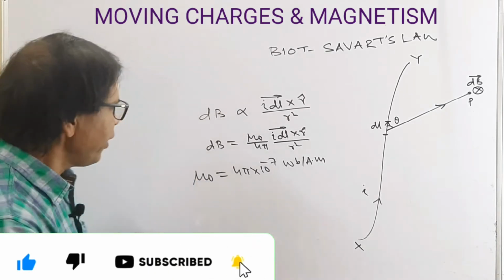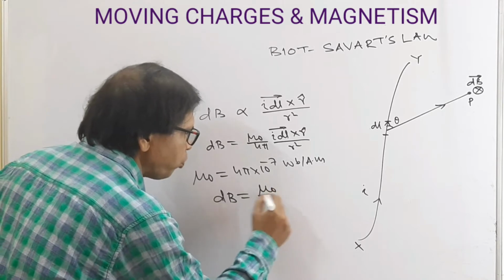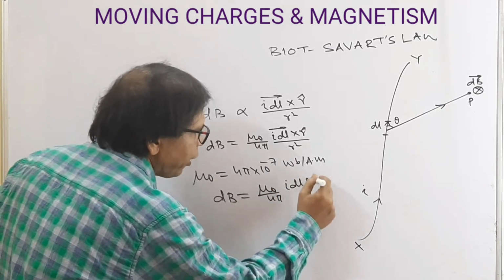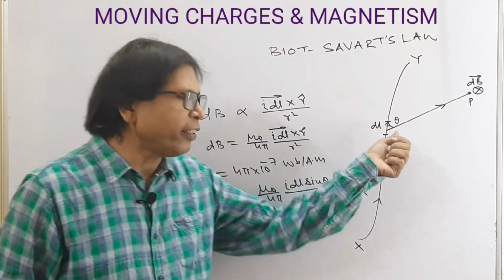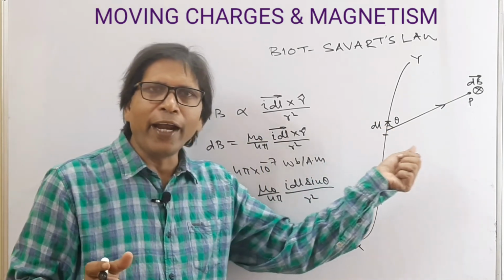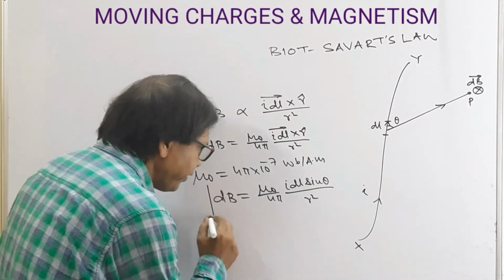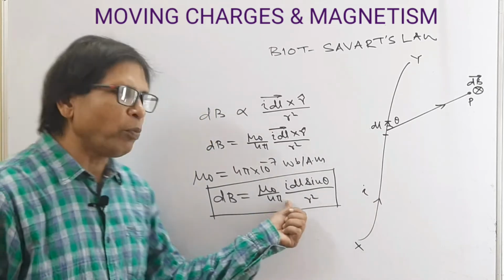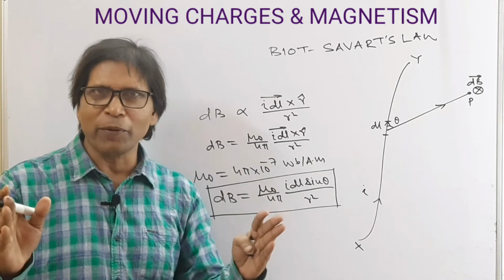Now dB equals mu naught by 4 pi, I dl sin theta divided by r squared. Here theta is the angle between I dl vector and r vector. This is the scalar form of Biot-Savart's law, and the earlier one is the vector form of Biot-Savart's law.